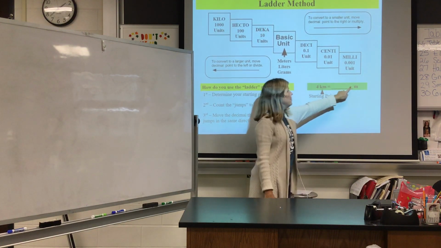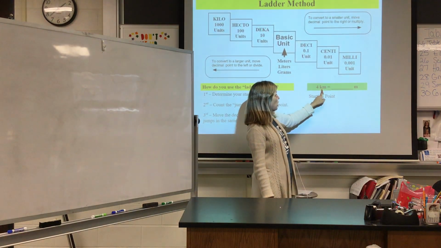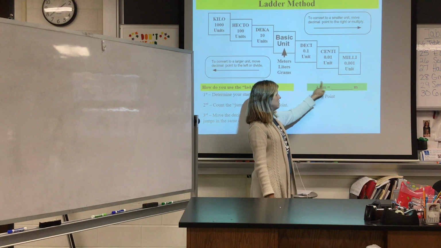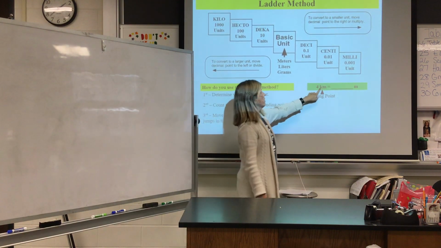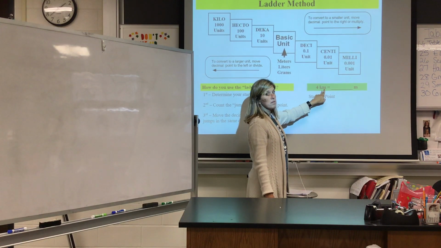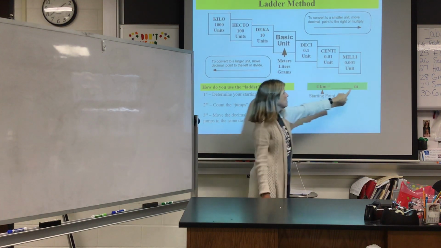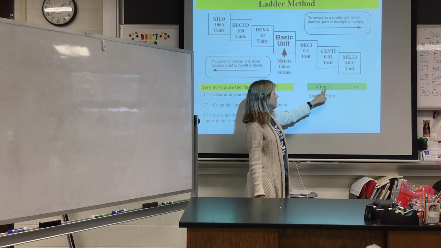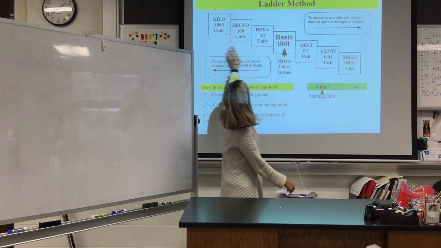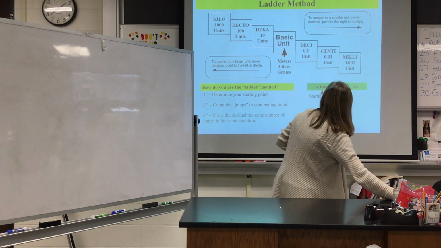How many meters is 4 kilometers? So my starting point is here, kilo. It's not just the M, because M is meter if it's by itself. But it's a km, so kilometer, K, my starting point is here, right?